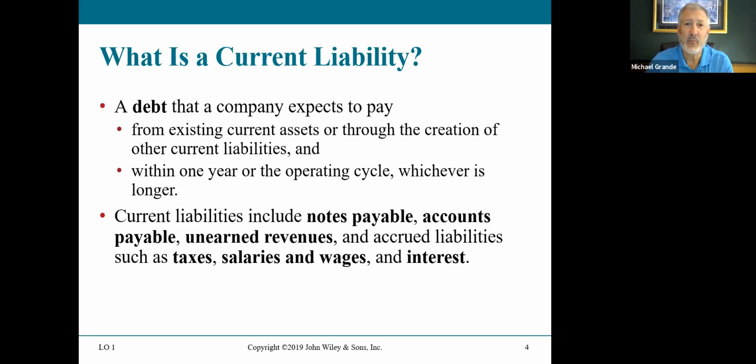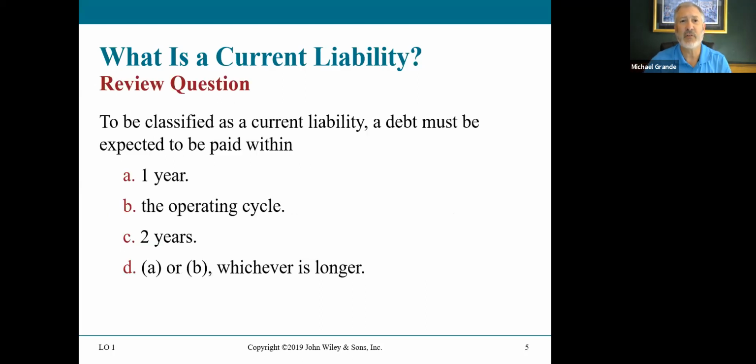And typically, we're looking at one year. Current liabilities include notes payable, parts of notes payable, accounts payable, unearned revenue, and accrued liabilities such as taxes, salaries, wages, and interest.